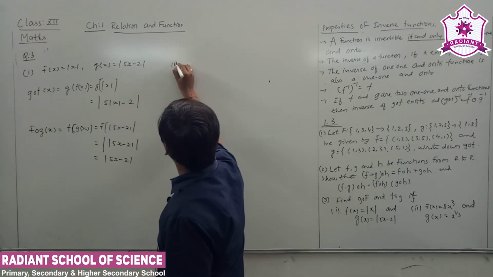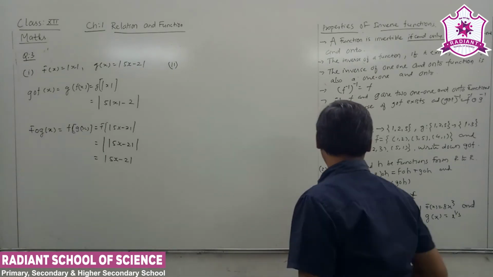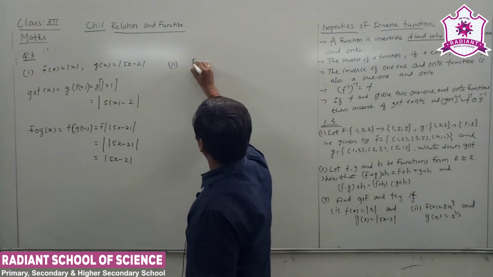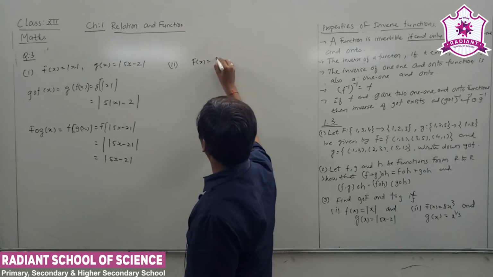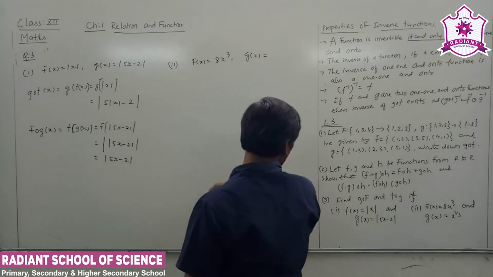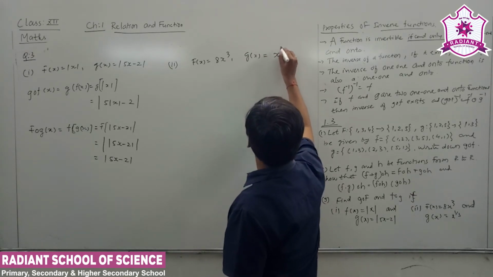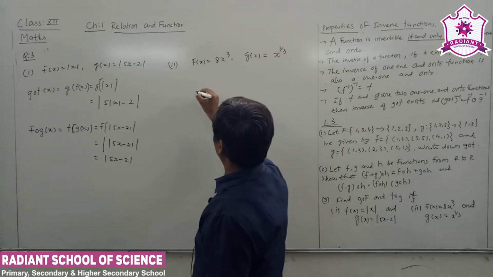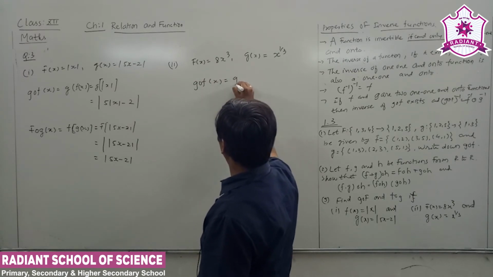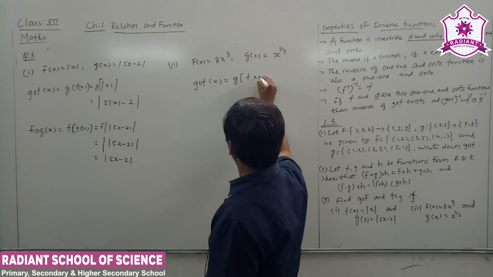Now number 2. For number 2, f of x is equal to 8x cube, and g of x is equal to x raised to 1 by 3. So GOF of x is equal to g of f of x.